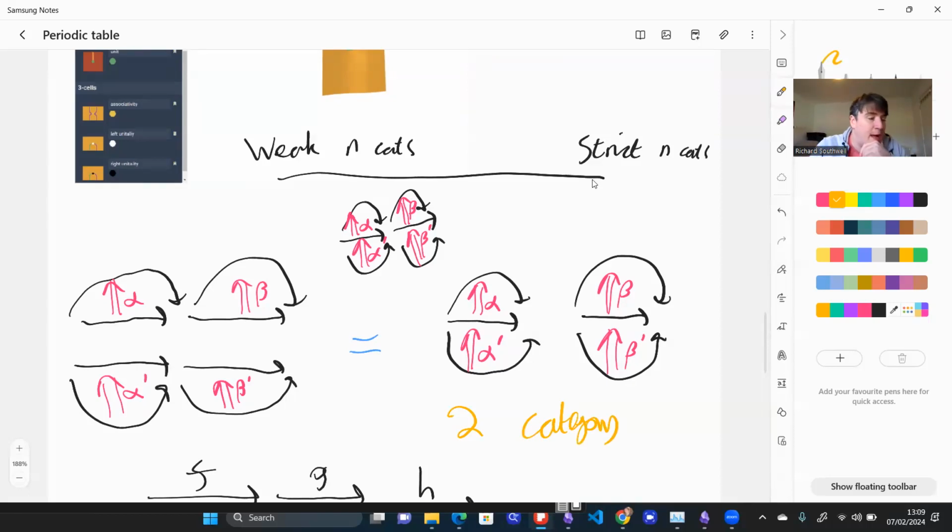Now, if you want to understand strict n categories, I would say, in my opinion, the best way to do it is to do it using enriched category theory.